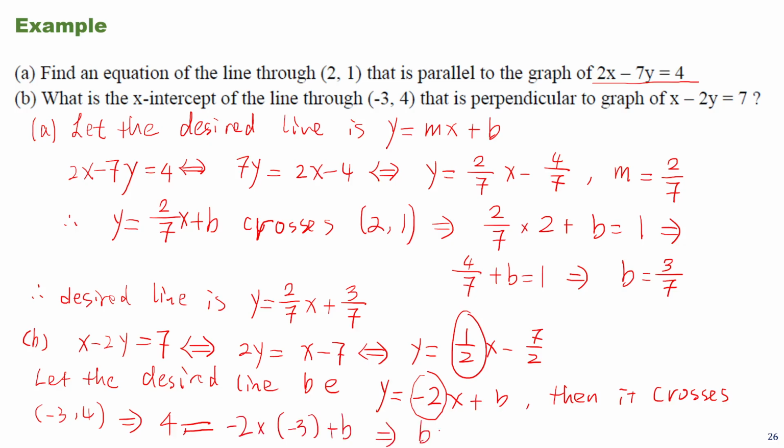And therefore b can be solved to be -2. And therefore we know the desired line. Okay, I will not write all of the statement here. Just make sure you write the full statement here, okay? Therefore the desired line has the equation y equals -2x minus 2, right? Do you get it?